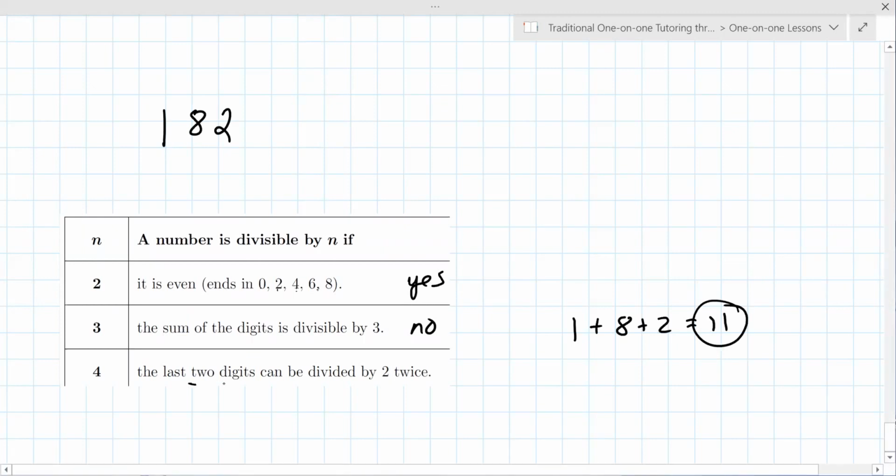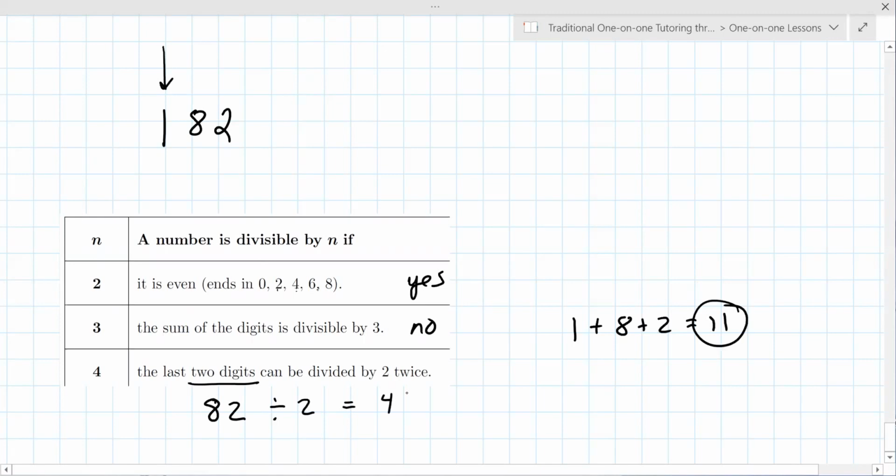What are the last 2 digits of this number? Right, 8 and 2. The last 2 digits are 82. What is 82 divided by 2?